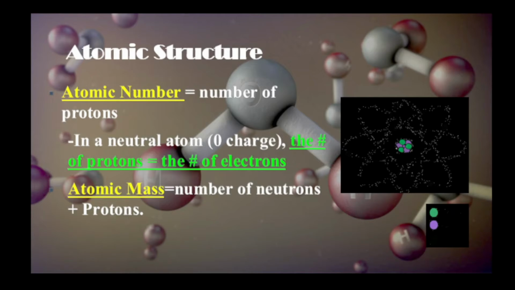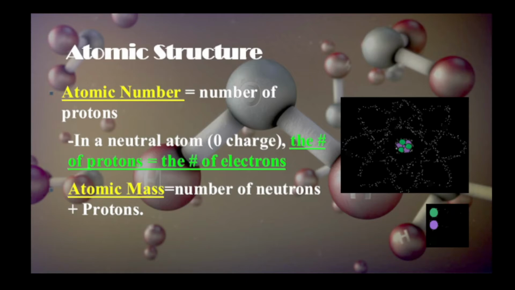As we continue, we will discover why this particular element has different varieties. In a neutral atom, when we say neutral, there is zero charge. So the number of protons is equal to the number of electrons. And the atomic mass is the number of neutrons plus protons.